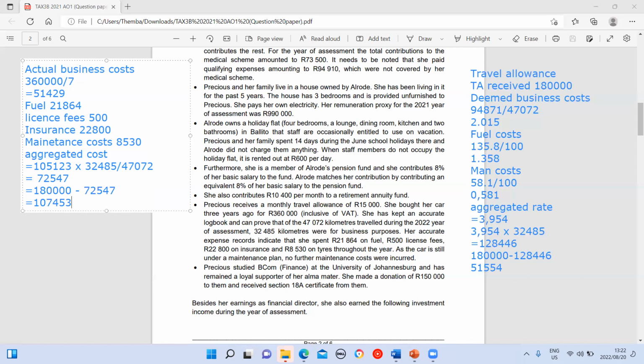Now let's compare the benefits for the taxpayer. This is what I meant, that you include the travel allowance by the method which is of most benefit to the taxpayer. The most benefit to the taxpayer is the lowest amount to be included. What is the lowest amount to be included? It will be 51,554. So in terms of this travel allowance, what should we include in taxable income?